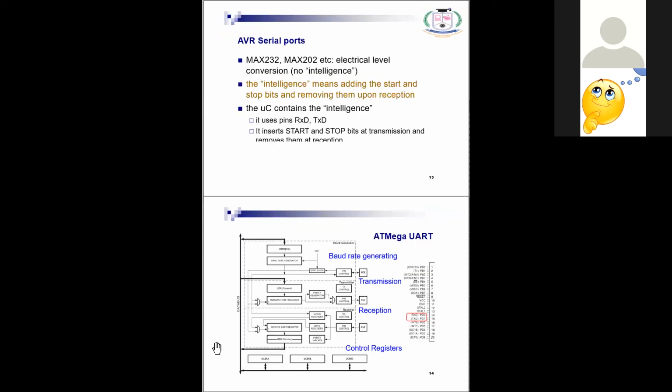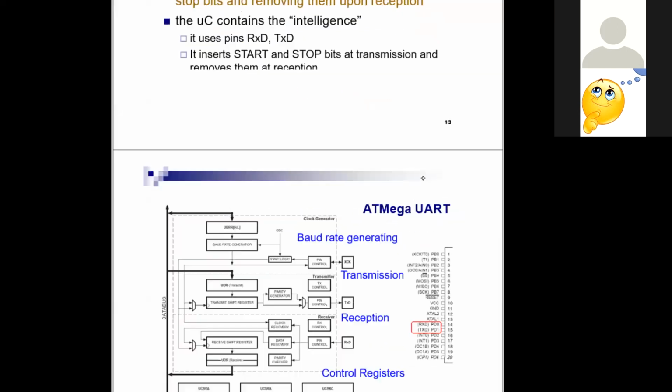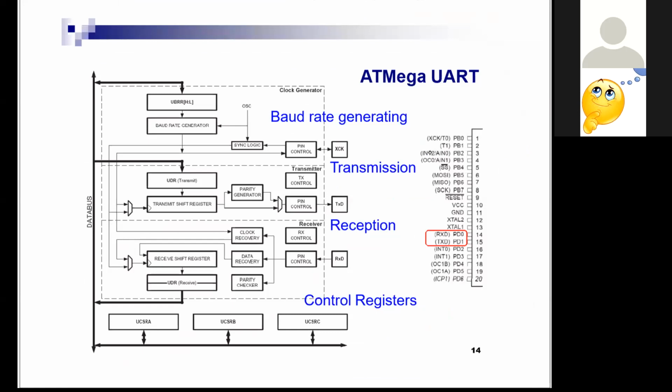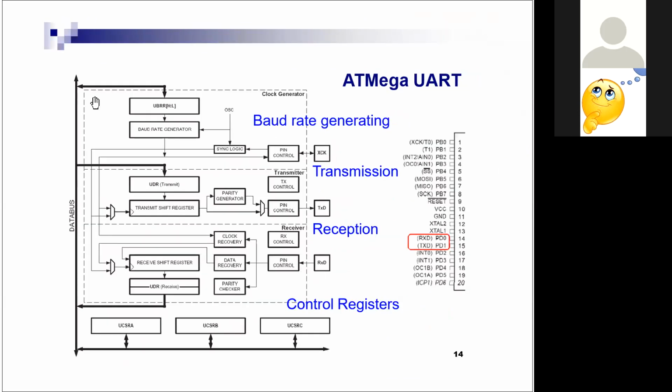Okay, I think you have understood. I am simply saying, in UART we have only two pins, receiving and transmitting. And this is the 8051, I think you will remember. Inside the microcontroller we have four important parts for transmitting and receiving.